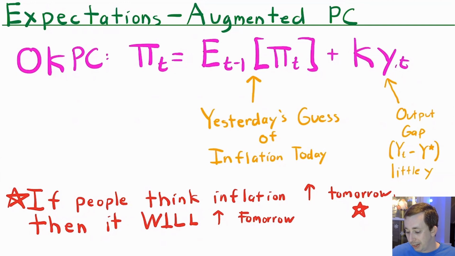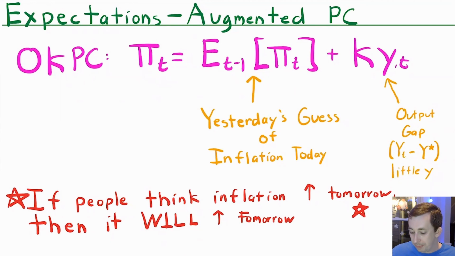Now this expectation is something that I'm going to talk a little more about. Notice that this is E sub t minus 1 of pi t. So this is yesterday's best guess of what inflation will be today. And the way this factors into the Phillips curve is that if people yesterday think that inflation today is going to be higher, then lo and behold, inflation today will be higher.